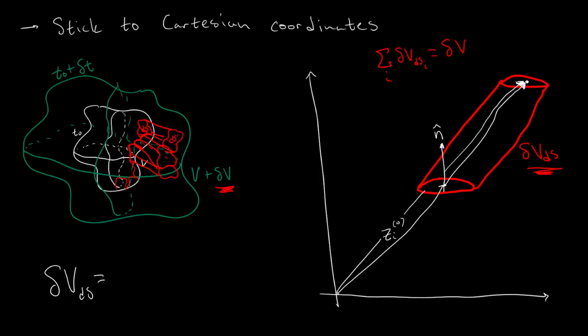Sorry if it's sort of overlapping. I'm going to do it in a different color. So I can draw a second vector like this, which I'll call z_i^1.